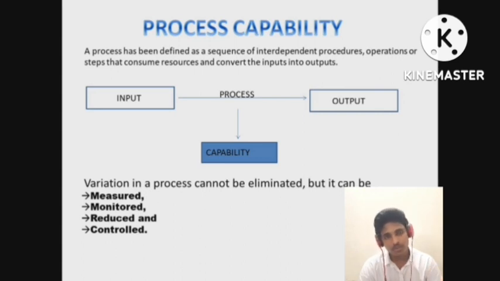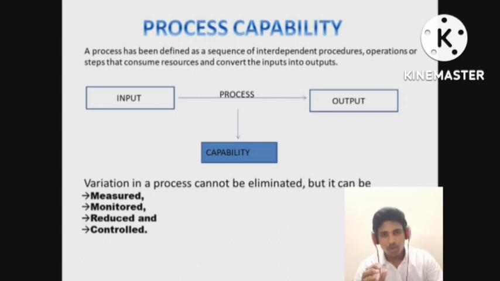So the process plays a main role to convert the input to the output. So knowing about the capability of the process is an important parameter to ensure the quality of the product. So we are checking the capability of the process.